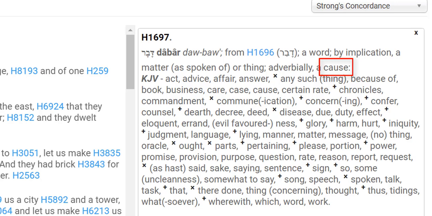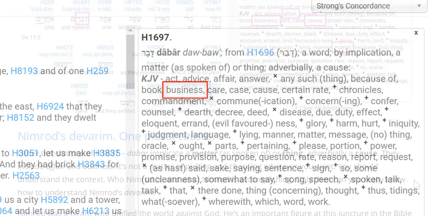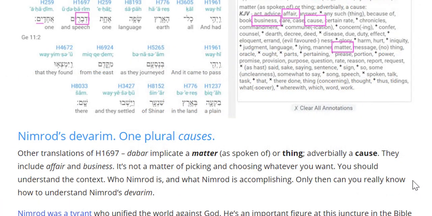They include the translations affair and business. It's not a matter of picking and choosing whatever you want. You should understand the context, who Nimrod is, and what Nimrod is accomplishing. Only then can you really know how to understand Nimrod's Devarim.